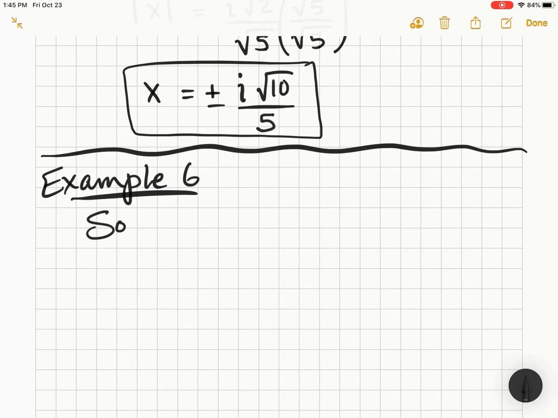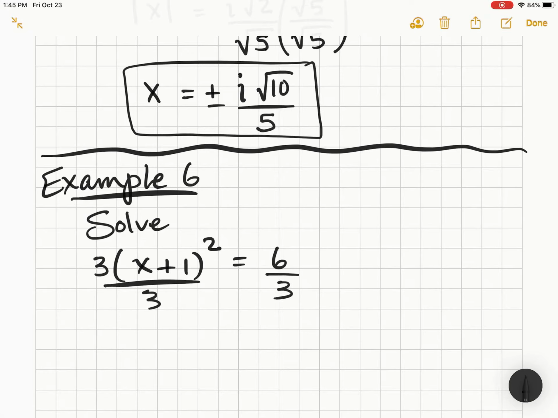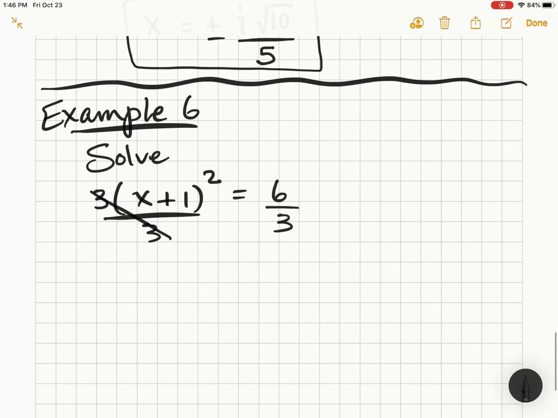Let's say I ask you to solve 3 times x plus 1 squared equals 6. Okay, not too hard. Let's divide both sides by 3 because I'm trying to get the square by itself. And I get x plus 1 squared equals 2.